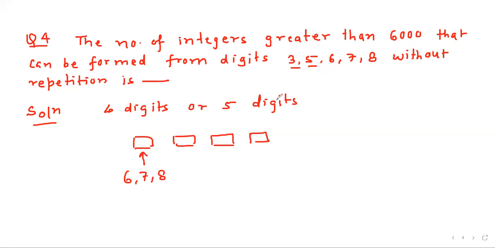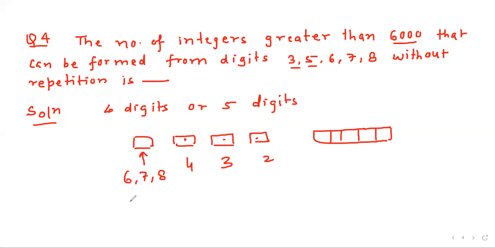Then when 1 digit is occupied, then the remaining 4 digits will fill these. So then 4, 3, 2. And for 5-digit numbers, any digit can occupy, because 5-digit number will be always greater than 6,000.